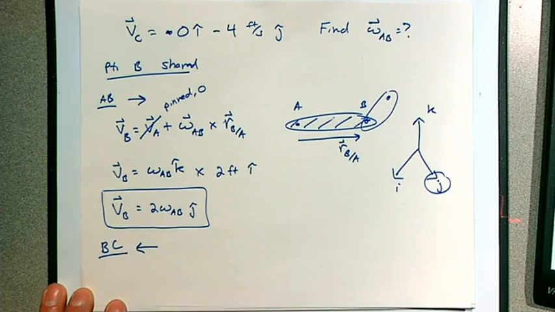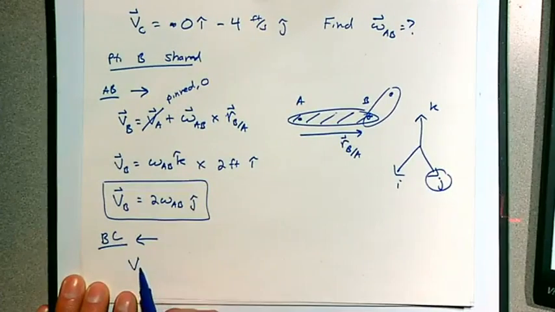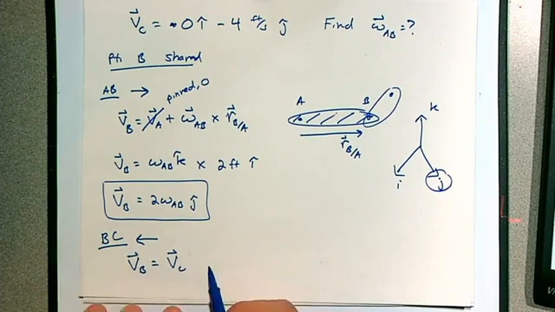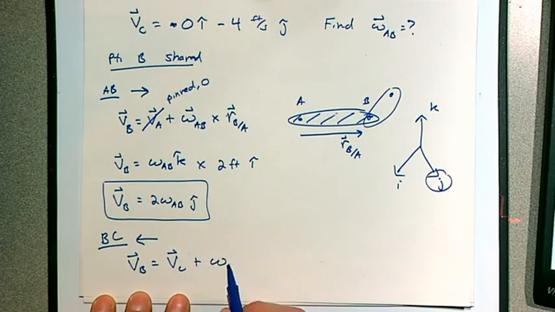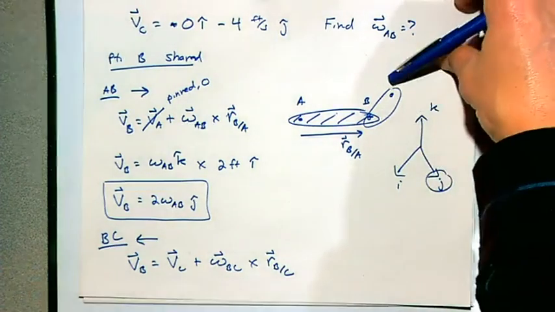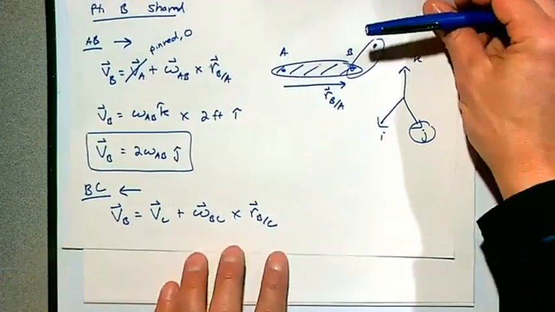For bar BC, I'm working back the other direction, but using the same rigid body velocity expression. The velocity of B is equal to the velocity of C plus the angular velocity of the rigid body, omega BC, crossed with the vector from C to B. Here we've got a little more geometry.